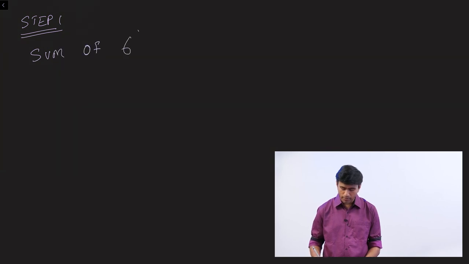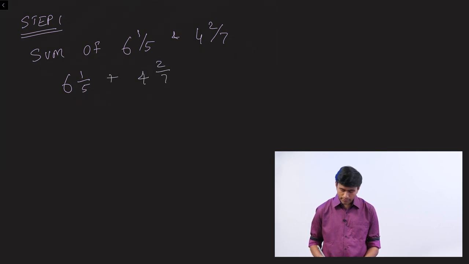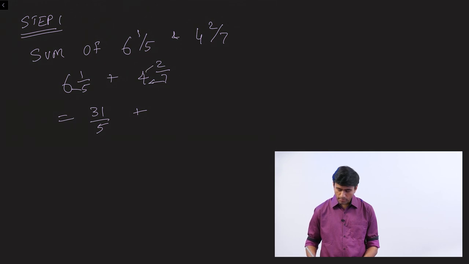Sum of 6 1 by 5 and 4 2 by 7. How do we do it? 6 5s are 30. 30 plus 1, 31 by 5. Changing the mixed fraction, 7 4s are 28 plus 2, 30 by 7.